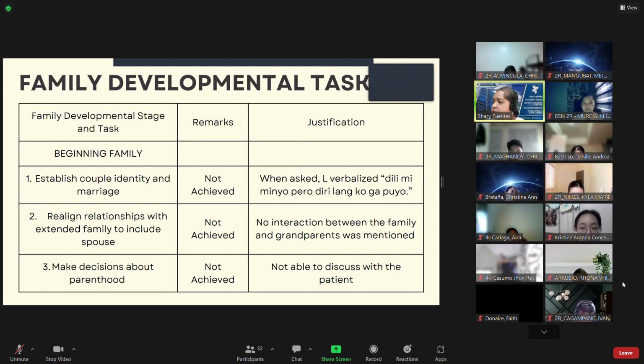Ayan, jacket na nako. Ay, dahil na, pangita na ako na. Okay.